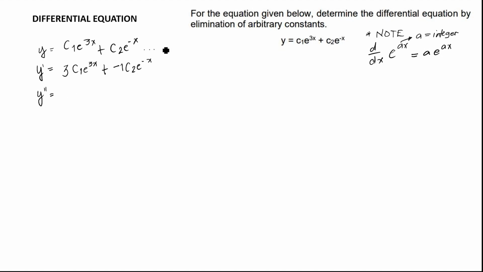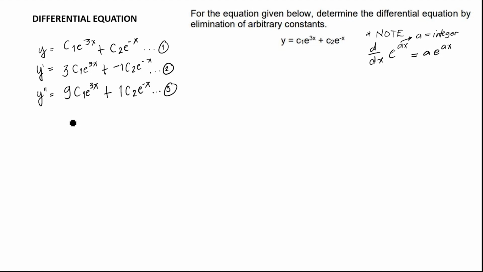We'll code this as equation 1 and this as equation 2. We get the second derivative of the first derivative, that is 3 times 3, which is 9, c1 e raised to 3x, and then plus negative 1 times the negative 1 is the positive 1, c2 e raised to still negative x. This is now equation number 3.